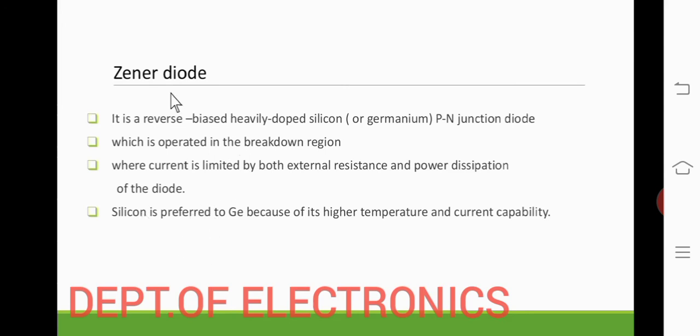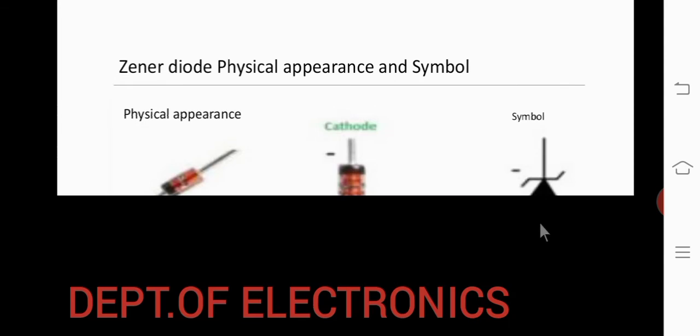In the construction of the zener diode, silicon is preferred because of its higher temperature and current capability. Okay.